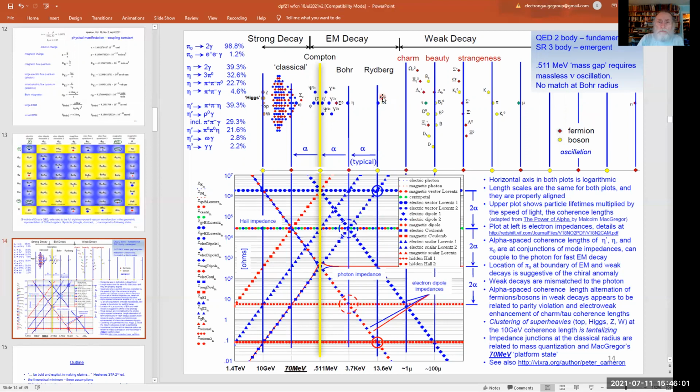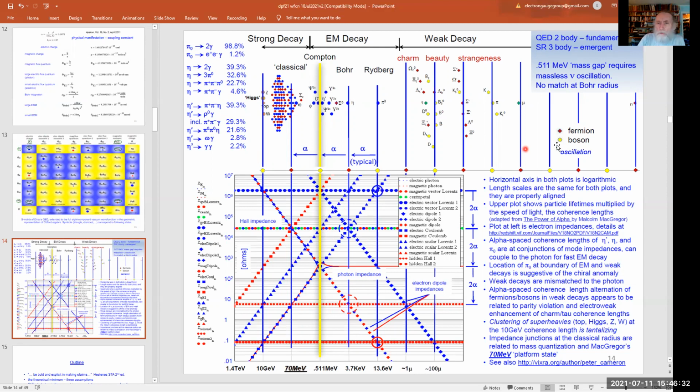As you can see, here we have the coherence lengths, the particle lifetimes multiplied by the speed of light. So for instance, here, the pion, we have these nodes where the impedances are matched, and we can calculate the branching ratios of the pion and the eta and the eta prime from looking at impedance matching at these nodes.